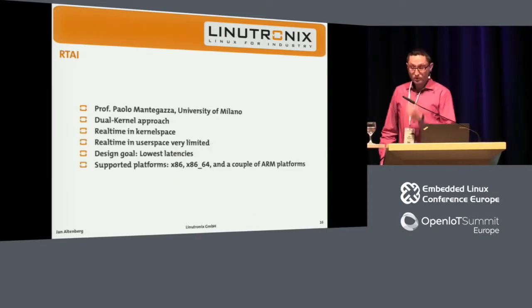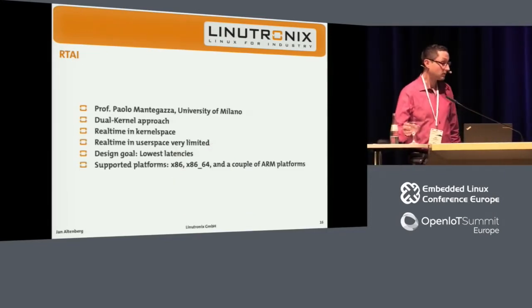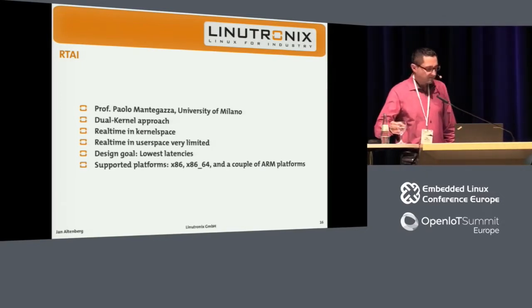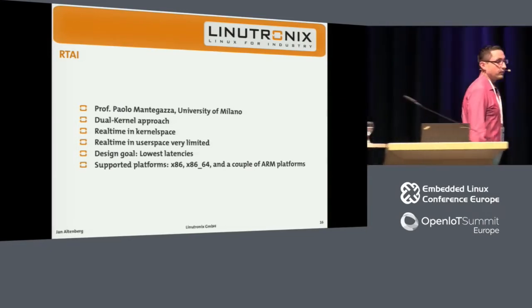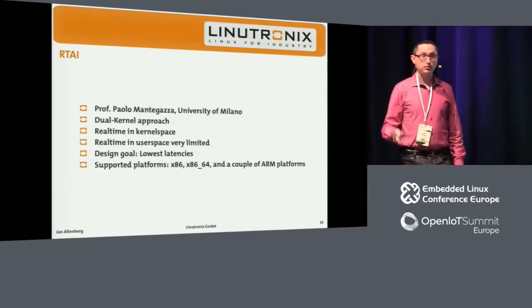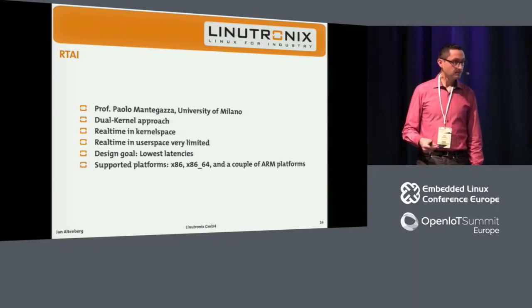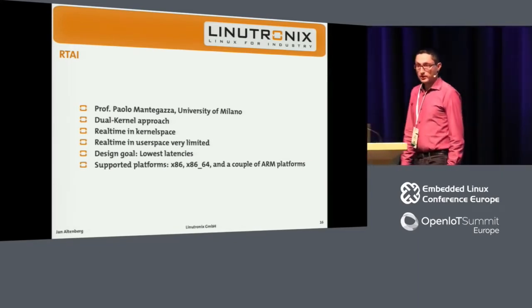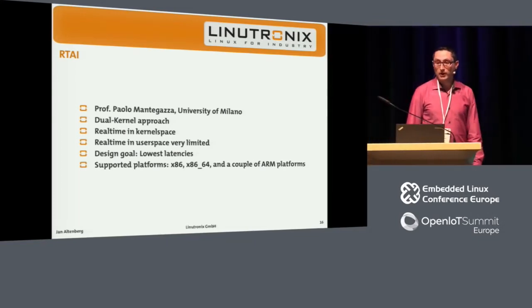Let's have a look at some real implementations of real-time Linux. One of the very first approaches for Linux and real-time was RTAI, the real-time application interface. It comes from Italy, from the University of Milano.